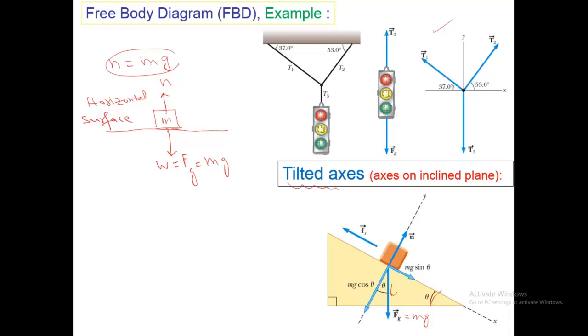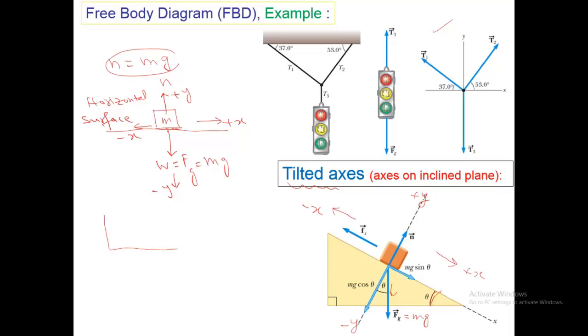Right now this is your positive x, this is your negative x, this is your positive y, and this is your negative y axis. But when you make them tilted axes like this one, look here. This direction is positive x, this direction is negative x, this is positive y, and this is minus y.